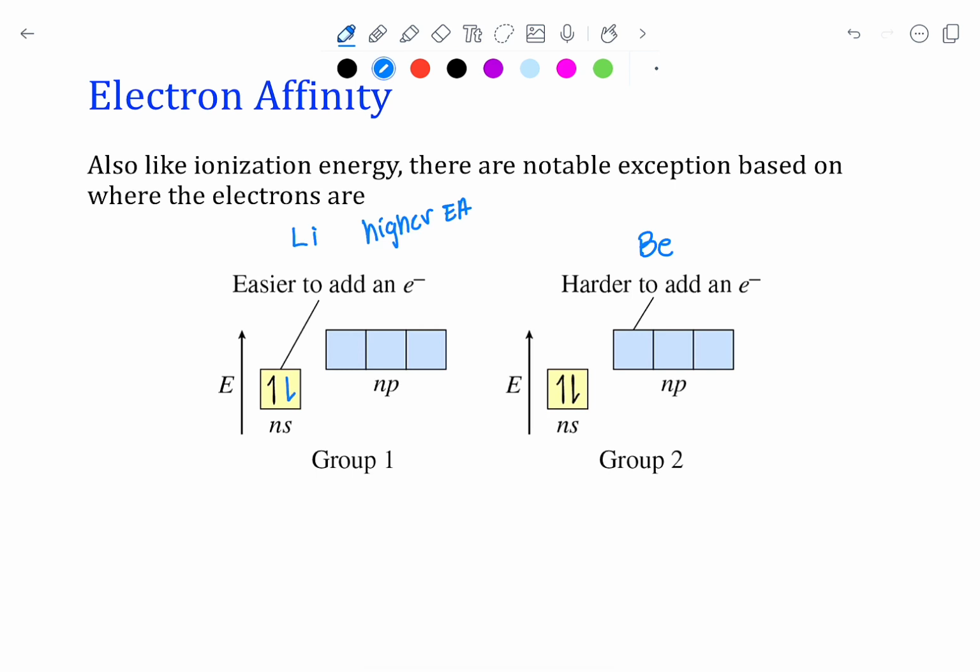Whereas with beryllium, and anything in group 2 really, it has a whole-filled s shell, and if I wanted to add an electron, I would have to go into a p orbital, which is not as energetically favorable because it's higher in energy. So I wouldn't want to put that electron there. So my electron affinity is very low because I don't want the electron.